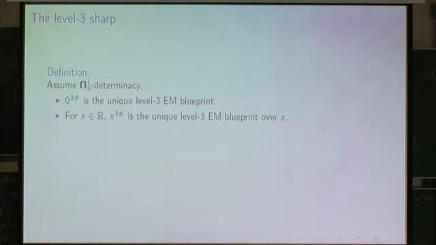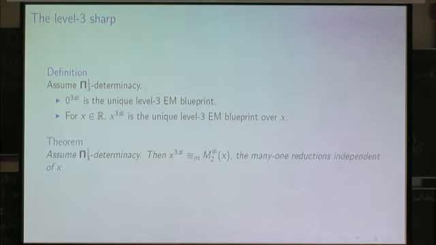So we can define 0^{3 sharp} as the unique level 3 EM blueprint, and it relativizes to every real number. In the end, the EM blueprint formulation is just many-one effectively equivalent to the mouse M2 sharp. So this will be our descriptive set theoretic representation of the mouse M2 sharp of X.